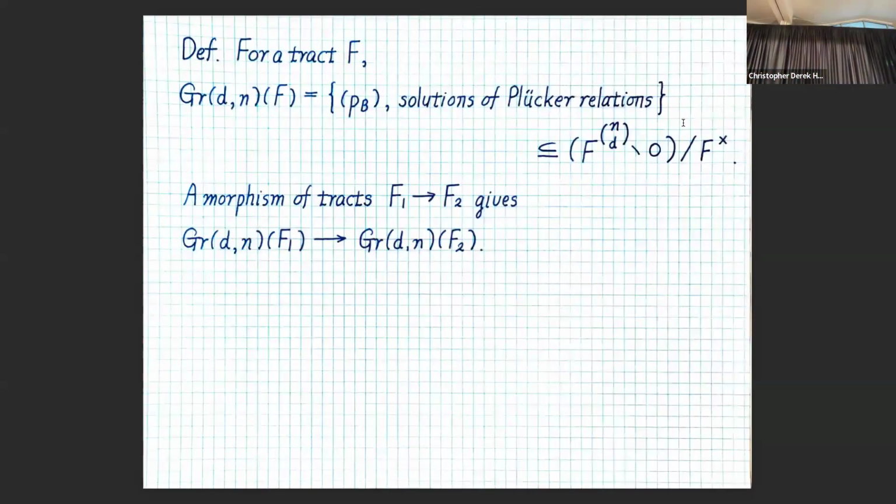So having a tract, we can talk about the Grassmannians more generally, by simply setting the Grassmannian Gr(d,n)(T) to be the set of solutions to the Plücker relations, because you know which n-tuples sum to 0. And a morphism of tracts gives a map of sets from Gr(d,n)(F_1) to Gr(d,n)(F_2) by definition.